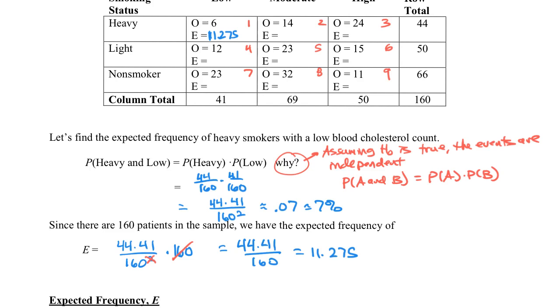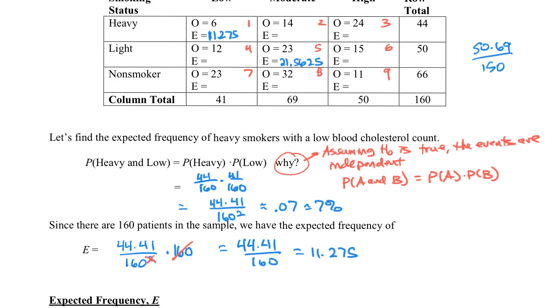So that number would be 50 times 69 divided by 160. You take the row total, 50, times the column total, 69, divided by 160. And if you do that, you should get about 21.5625.